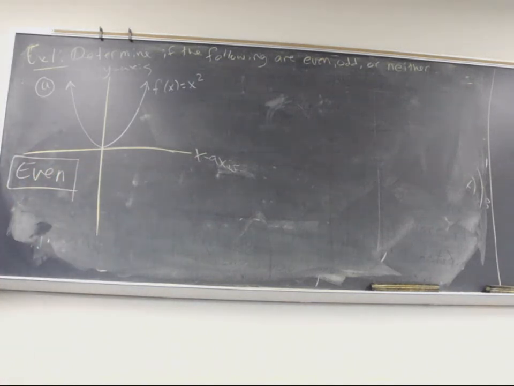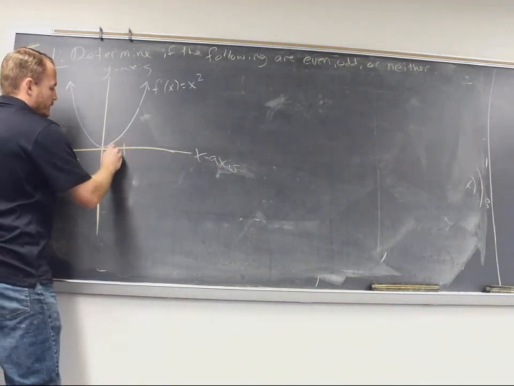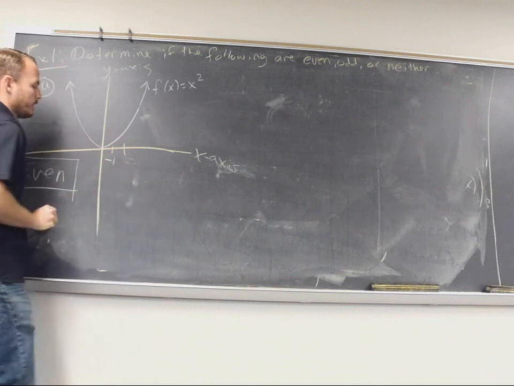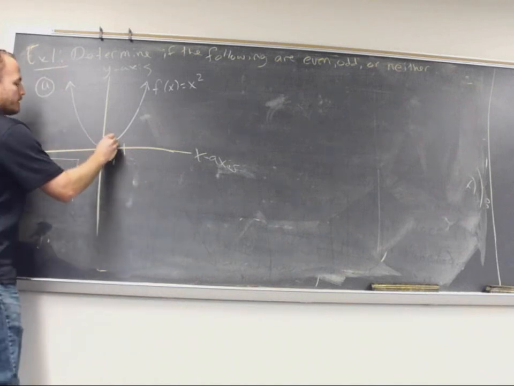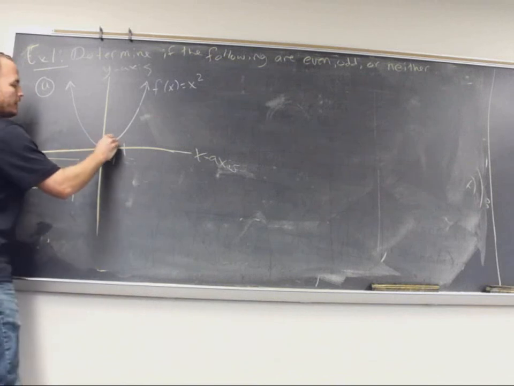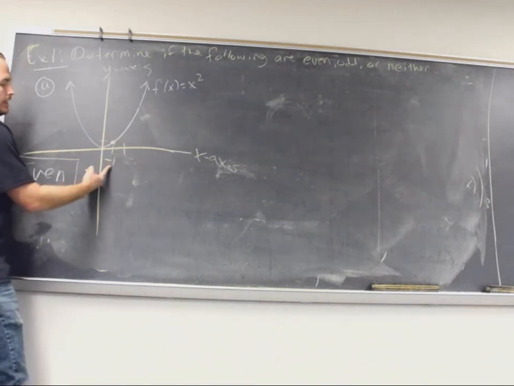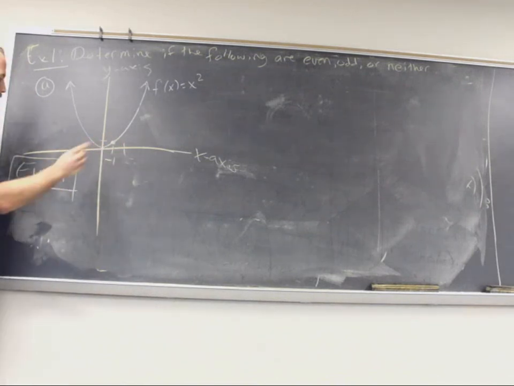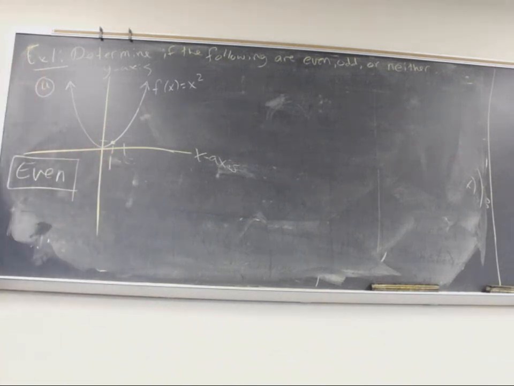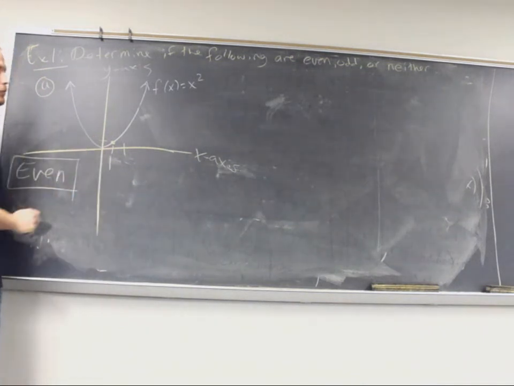What it means to be even is, if I take, say, this value of 1 here, I get this value of 1 right there. Excuse me, I'm plugging in negative 1 and I get this value of 1.